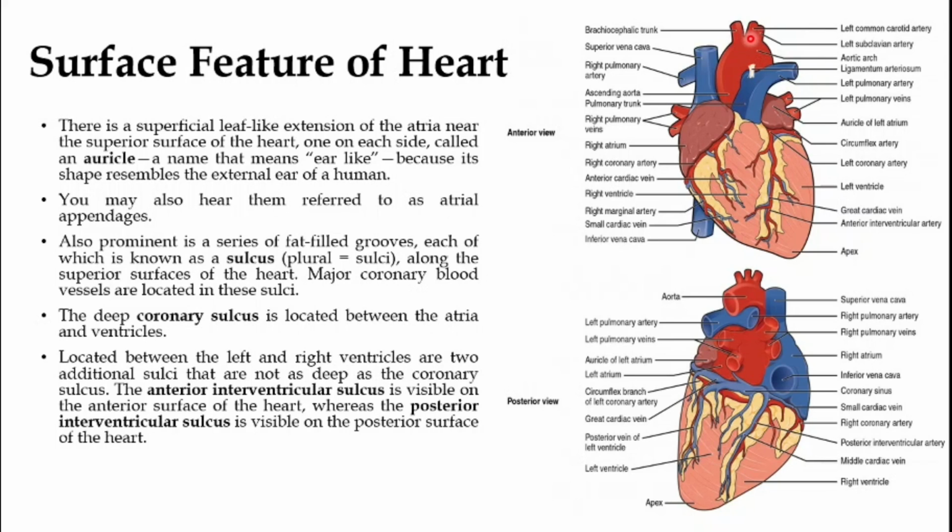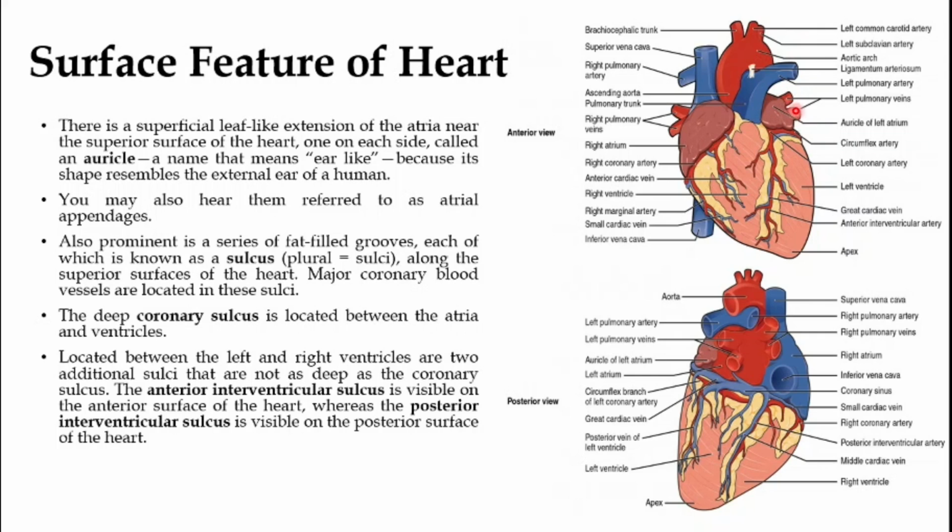The aorta has three main branches. That branch is known as the brachiocephalic trunk, the middle one is known as the left common carotid artery, and this one is known as the left subclavian artery, and this is known as the aortic arch.